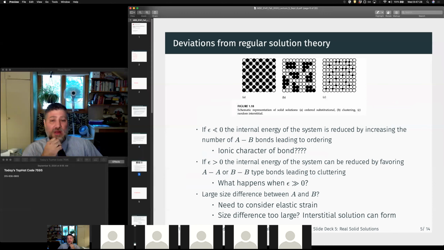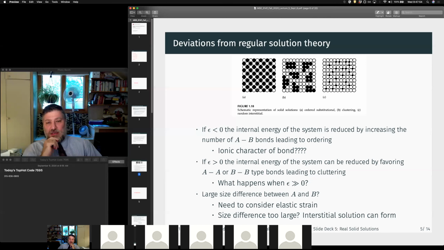So if epsilon is less than 0, the internal energy of the system is going to be reduced by increasing the number of A-B bonds, giving rise to ordering. Which means that essentially AB has a stronger ionic character than AA or BB.